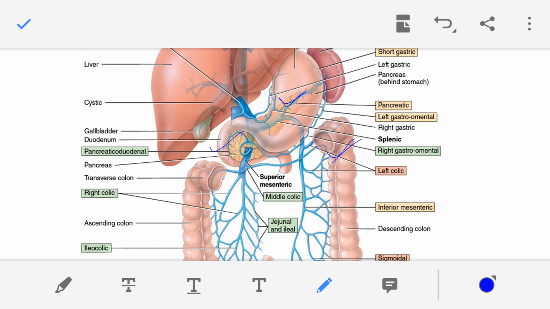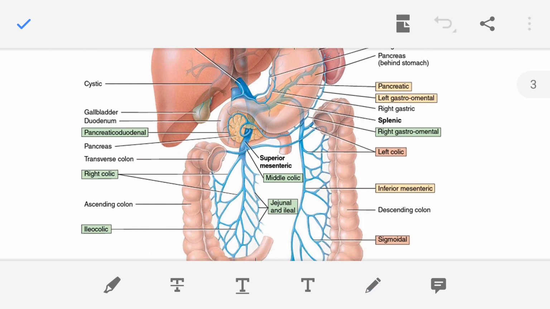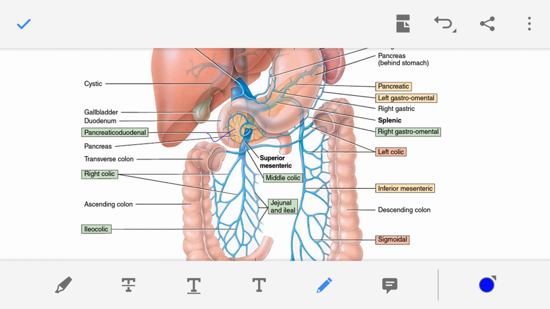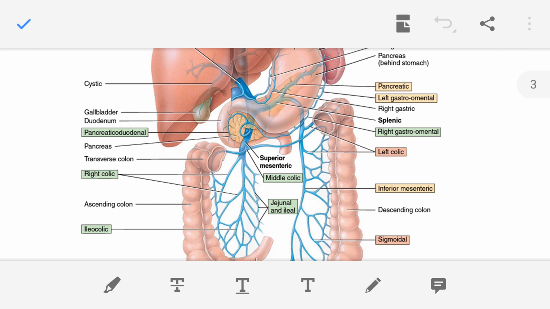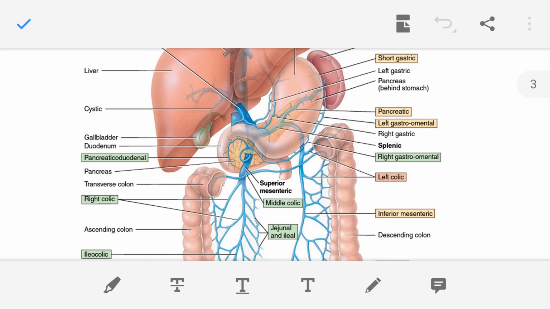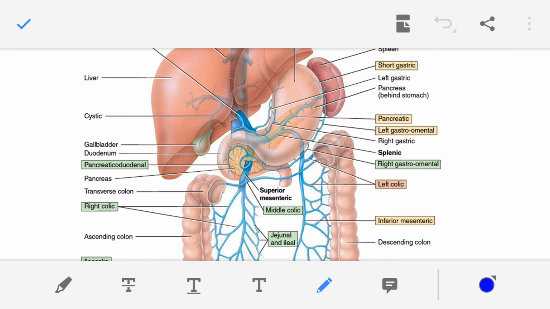Absorption mainly occurs in the small intestine and some absorption in the large intestine. In the wall of the small and large intestine the blood capillaries are there, and they open into the venules.